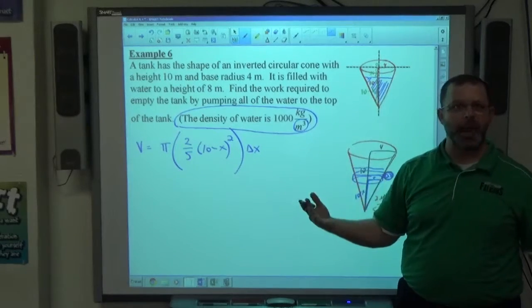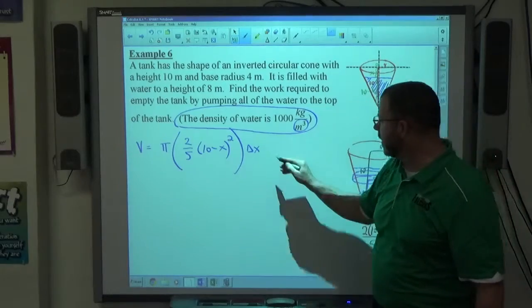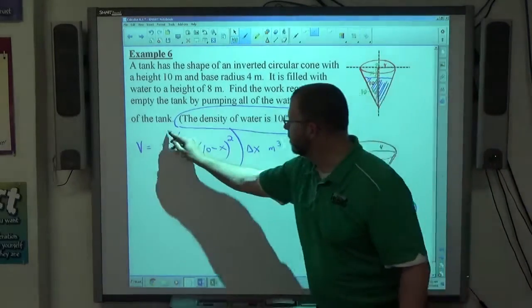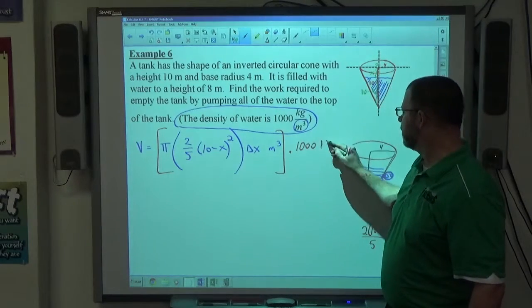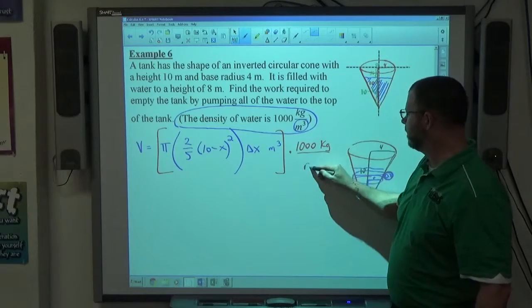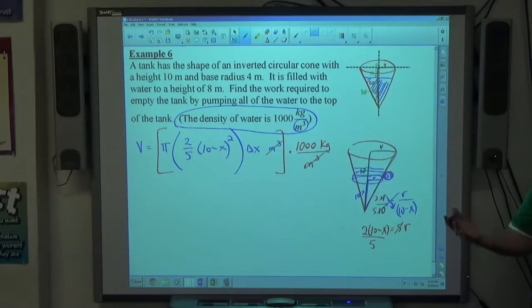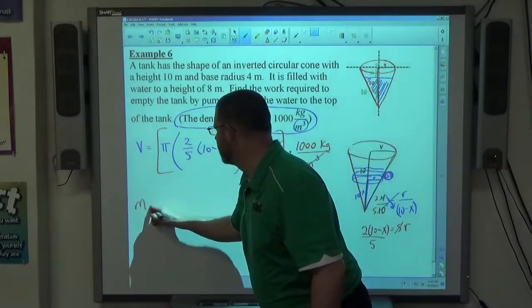That'll be the mass of this disk of water. So I'm going to take this whole thing times 1,000 kilograms per meter cubed. Meters cubed cancels meters cubed. The unit left is kilograms. That'll be the mass.